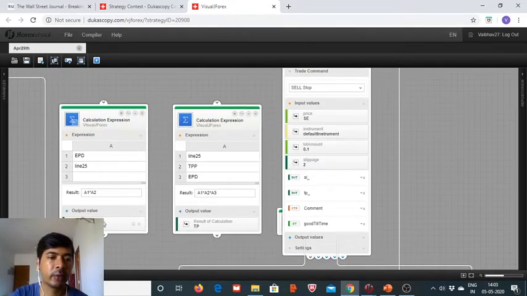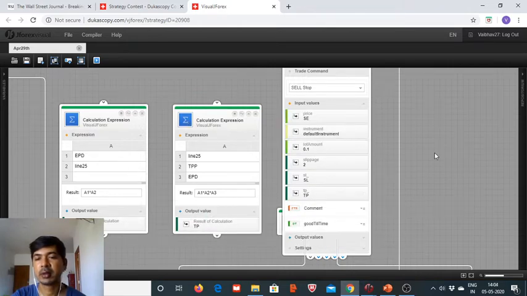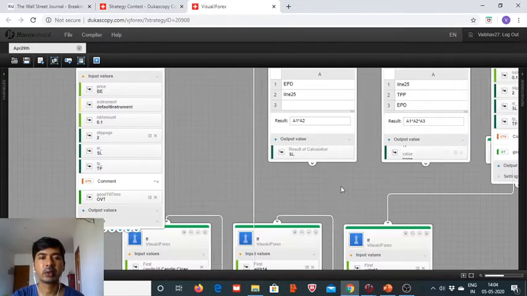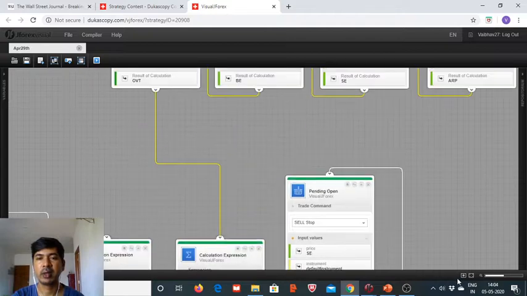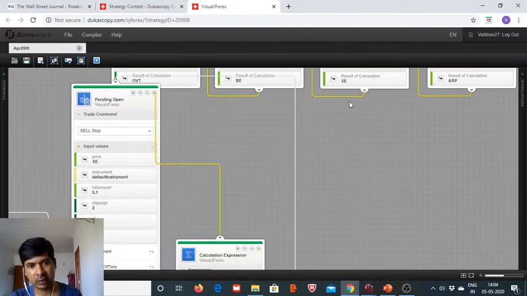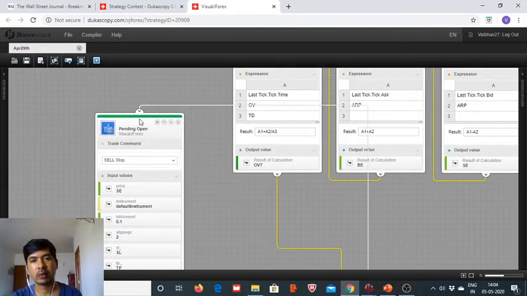So we have this stop loss and the target price. And then comes the question of order validity. We had only defined it for the buy side. Now we do the same for the sell side.